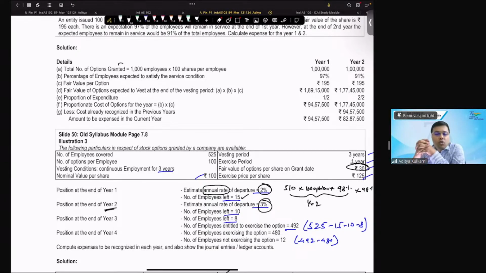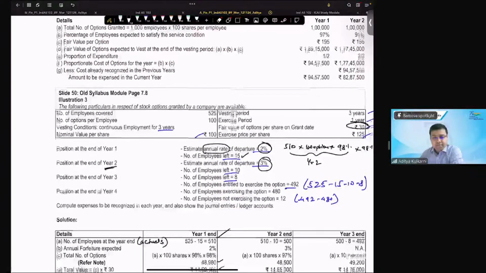But I cannot show that, because in your calculations you need to present the fact that you are taking 30 as your fair value at the grant date. You're taking fair value at the grant date as the basis for your calculations, and therefore you cannot do a pro rata fair value. That presentation would be wrong. The answer will be the same, but the presentation will not be right. Is it okay? Yes. All right.